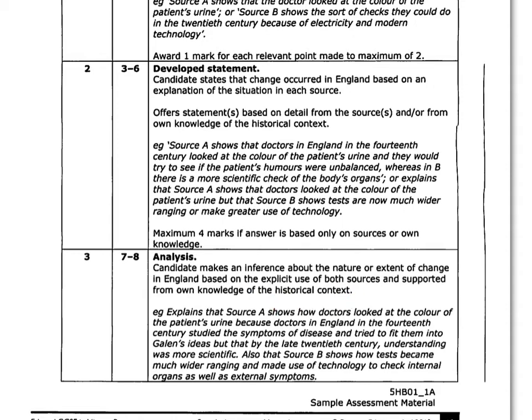E.g., explains that source A shows how doctors looked at the colour of the patient's urine because doctors in England in the 14th century studied the symptoms of disease and tried to fit them into Galen's ideas, but that by the late 20th century, understanding was more scientific. Also that source B shows how tests became much wider ranging and made use of technology to detect internal organs as well as external symptoms.